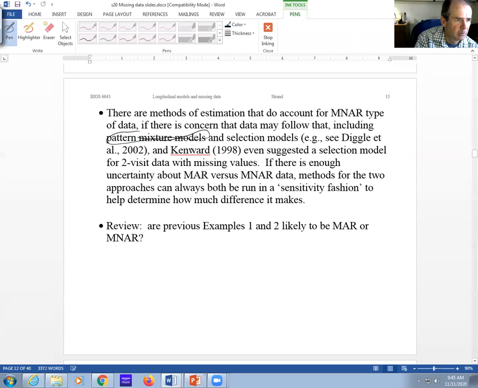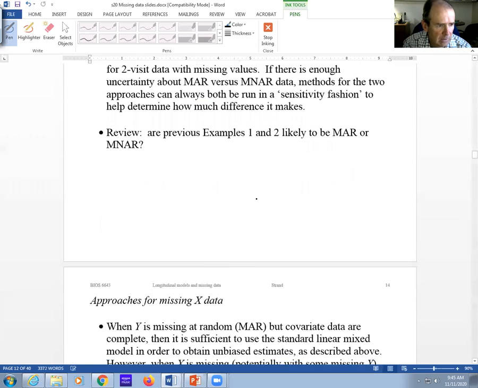It's pretty intuitive. There's also selection models. I haven't worked with that one, but I'm going to show you a simple example of a pattern mixture model shortly. And this is what I just mentioned: sometimes you try different approaches and see what the impact on the estimate is going to be.